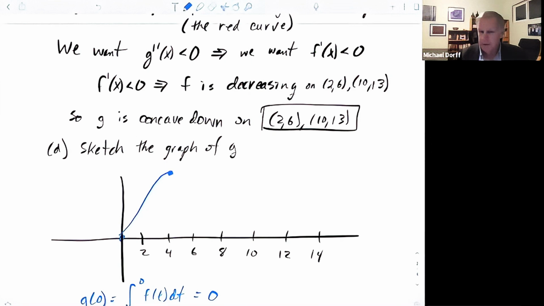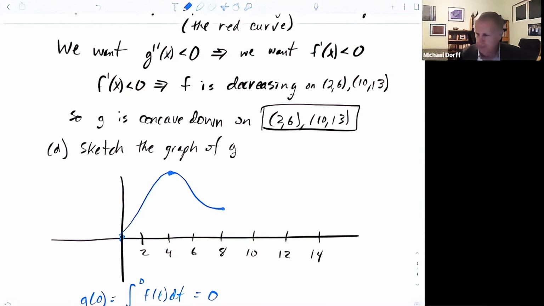So the area A1 from 0 to 4 is greater than the area A2 that's below the t-axis. So I don't go all the way back down. I'm just going to go down a little bit. And remember, at x equals 8, we had a local minimum.